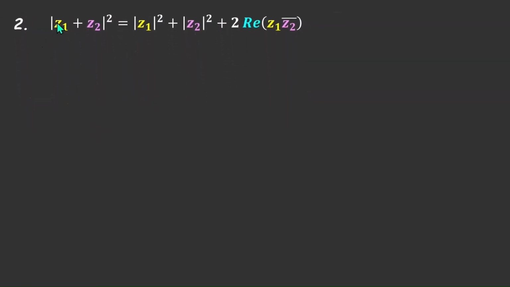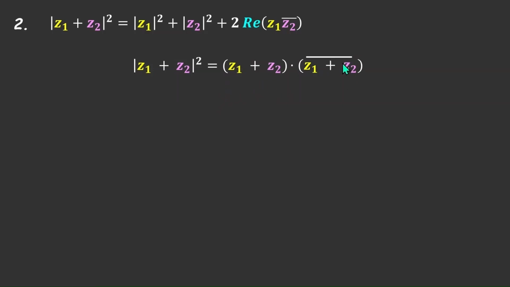So when we are talking about mod of Z1 plus Z2 whole square, then there is a theorem that instantly strikes our head. And that is, mod of Z1 plus Z2 whole square can be written as Z1 plus Z2 into Z1 plus Z2 conjugate. Right? It comes from the simple theorem that mod of Z whole square is equal to Z into Z conjugate.